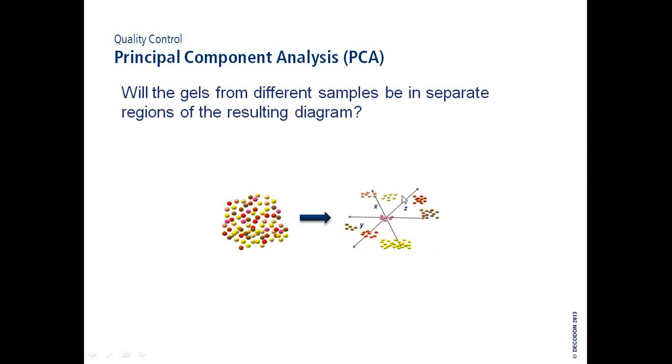And if it's resulting like this, where all the different image data is nicely separated so that the replicates are separate groups here, then everything is fine. And then you can see outliers easily, for example, if a red spot would be in this yellow group.